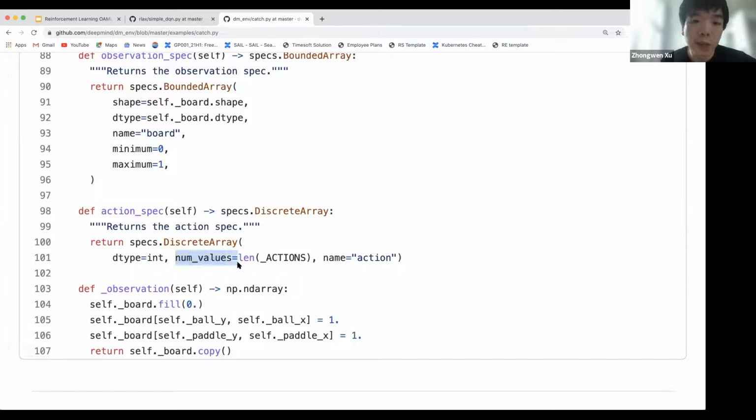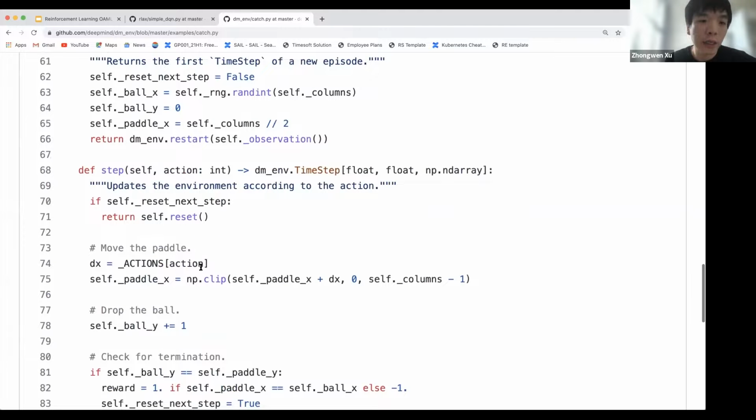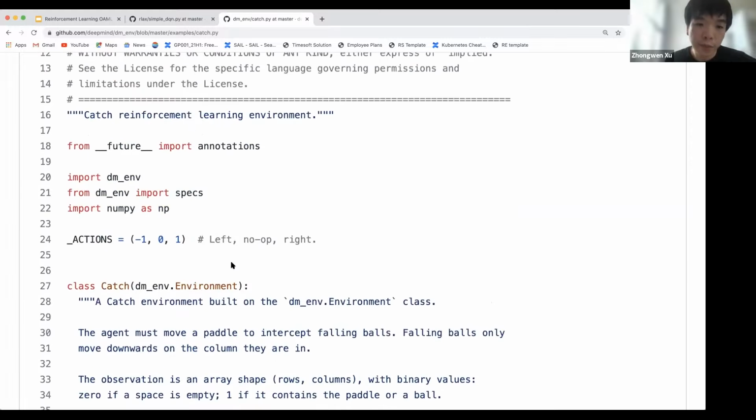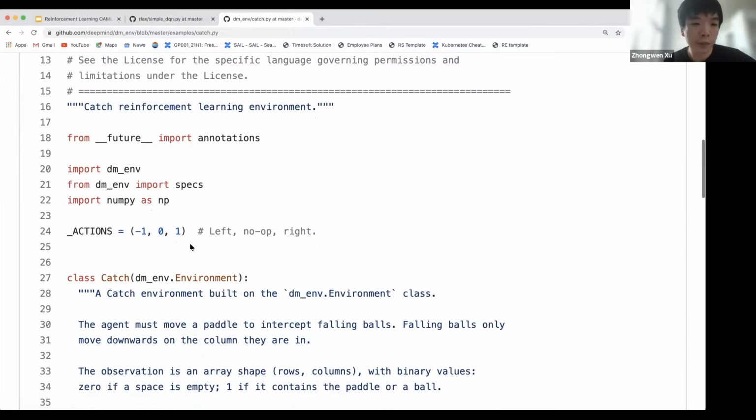The number of values is the number of actions you can perform. So essentially, I think it's a super clear and clean example to let you define your game and fit it to this general API. For example here, you can see the actions are left, no-op, and right. No-op means just stay there. So there are three actions, so that the agent can know that only three actions it can perform. Yeah.